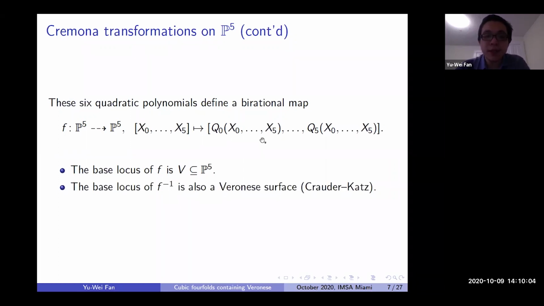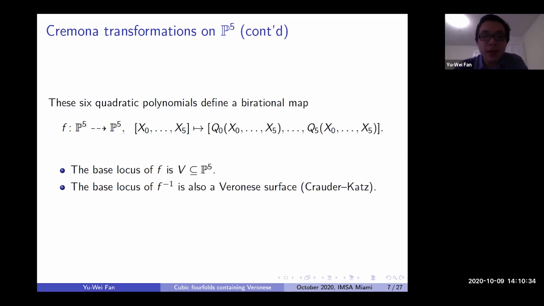It's also a result by Crauder-Katz that if you look at the base locus of the inverse of this birational map, then it is again a Veronese surface. So we get a kind of involution given by these Cremona transformations, the Cremona transformations arising from the Veronese surface.